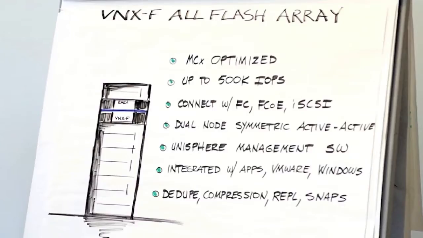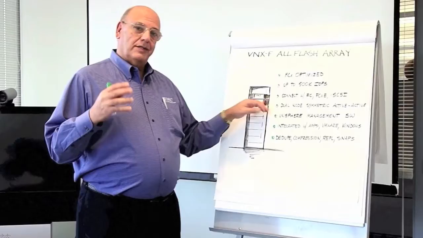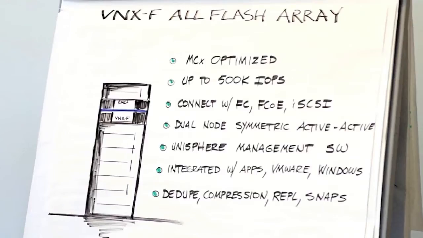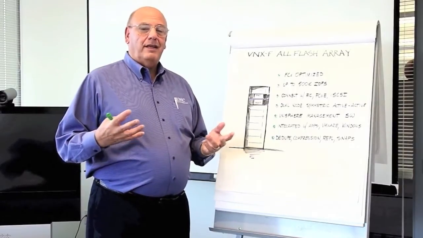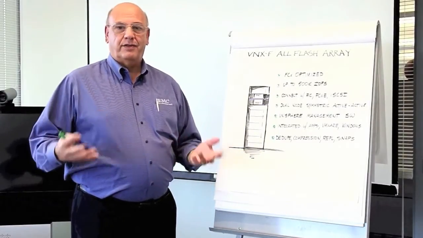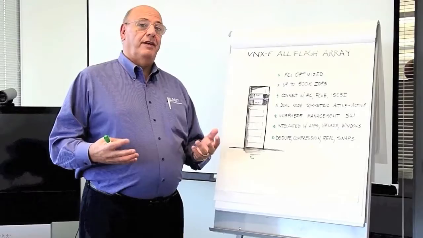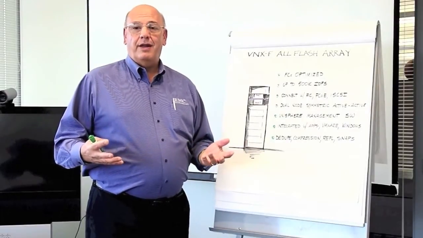With the VNX-F, you can get up to 500,000 IOPS, and you can get low latency as well. This is a block-only platform, so you have a choice of protocol in your environment: Fibre Channel, Fibre Channel over Ethernet, or iSCSI. Because it's a VNX, you get the benefits of the VNX in terms of its availability, as well as dual node symmetric active-active.